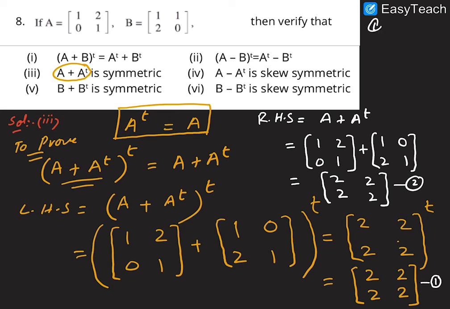So 1 is equal to 2, left hand side is equal to right hand side, meaning the transpose of A plus A transpose is equal to A plus A transpose. If the transpose of any matrix is equal to the same matrix, then it means it is symmetric. So A plus A transpose is symmetric.